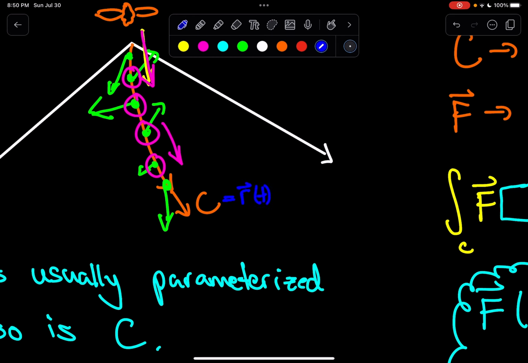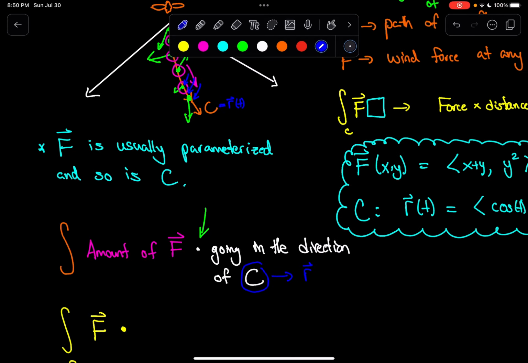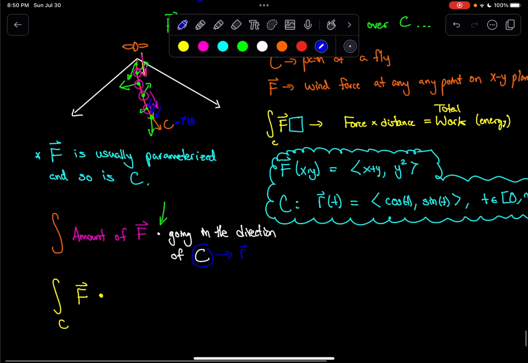And so we need to do this calculation a bazillion times at a whole bunch of different points over a little tiny bit of R. So instead of a small change in arc length, ds, which is what we used for scalar functions, we're going to do a small change in our path. But this time, our path is not just y equals x squared, for instance. C has been given by our path r. We've parameterized it in some way.